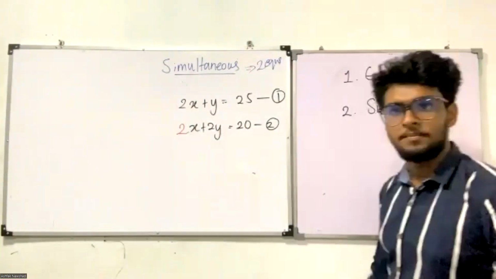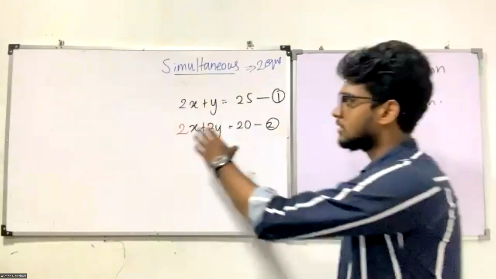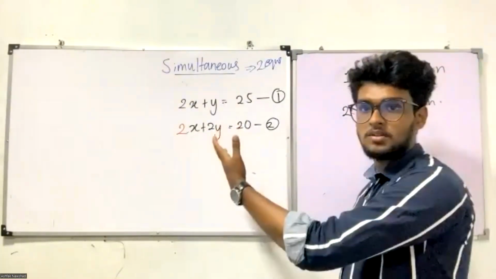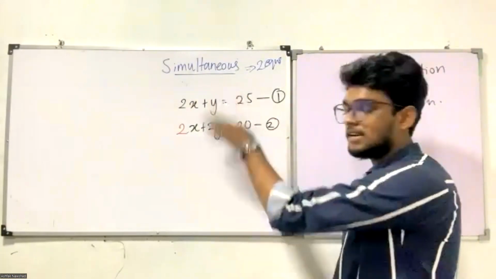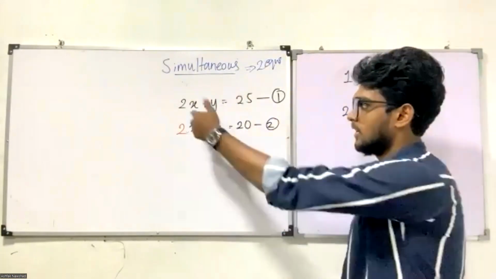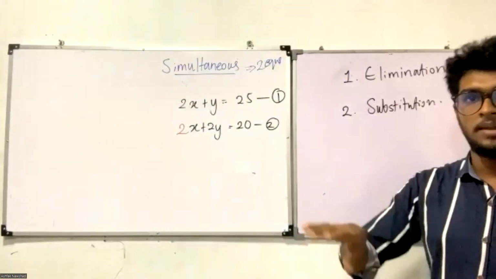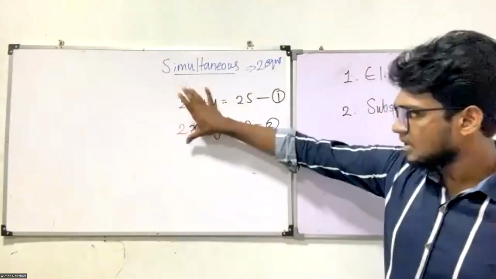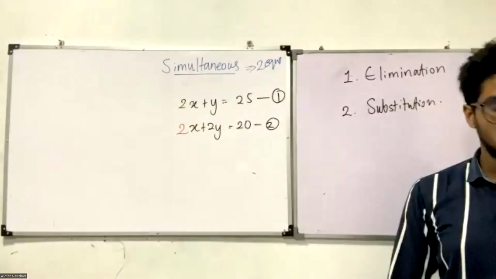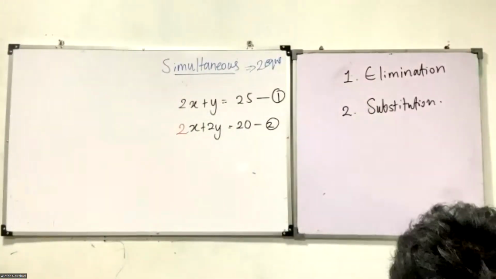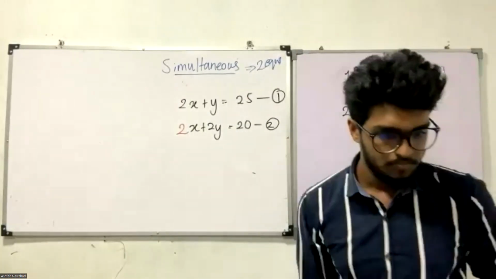You can choose y, but it will take a few more steps. If the coefficients are equal, you choose that unknown to eliminate. Is that understood? Good.